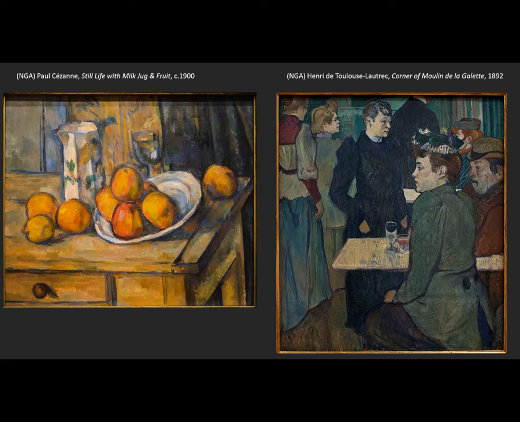His color choices are not based entirely on objective reality, but are often chosen as well for their expressive quality. So the brightly dyed orange hair of the woman whose face is pretty much blocked by that hat is too orange, right?